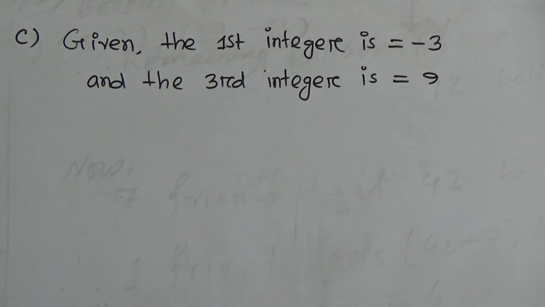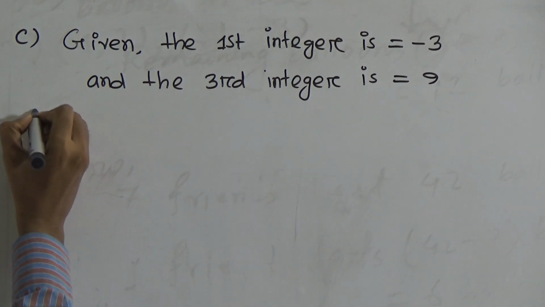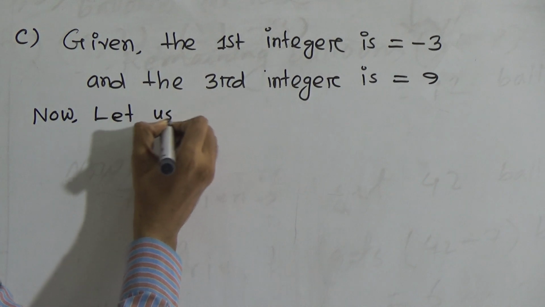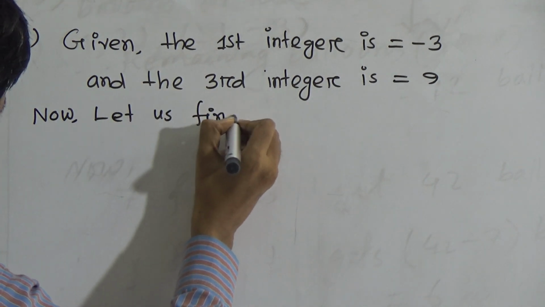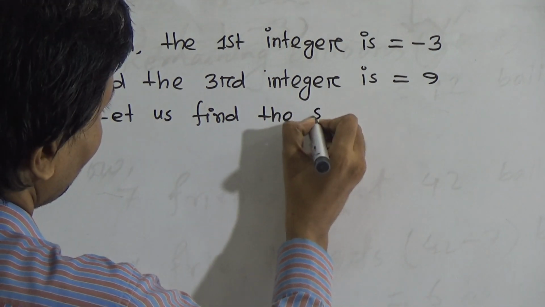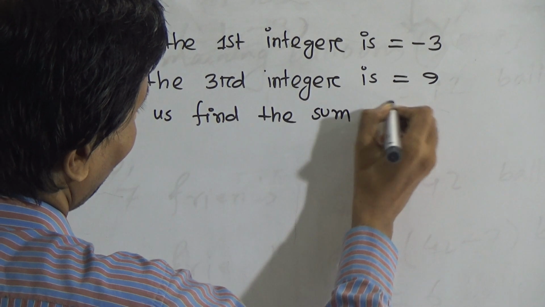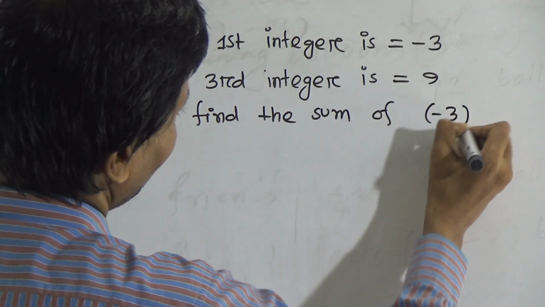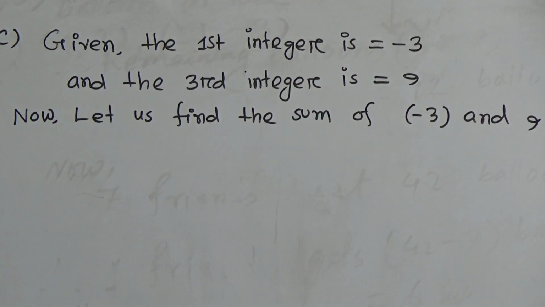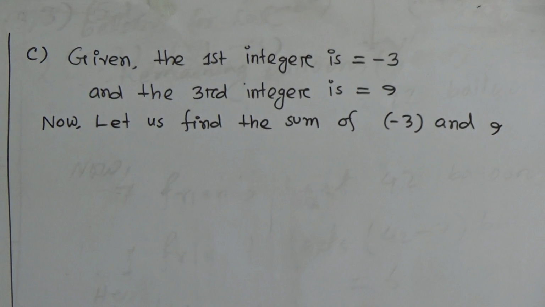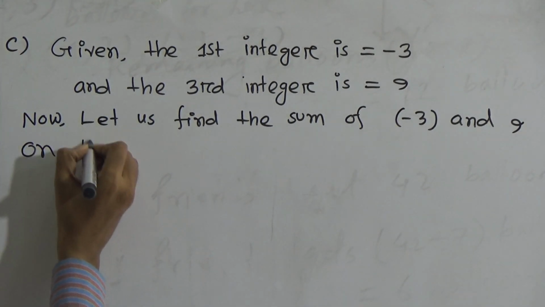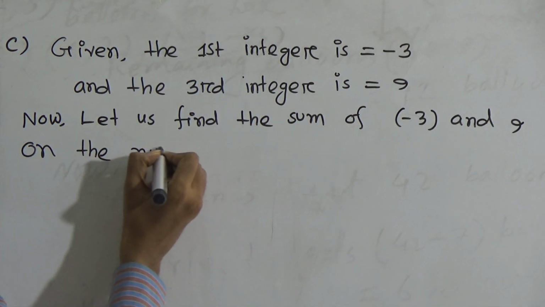Now let us find the sum of minus 3 and 9 on the number line.